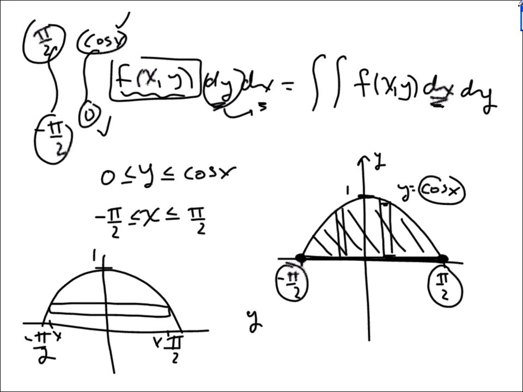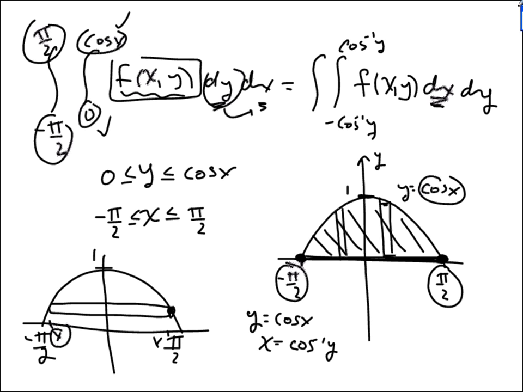Well, I know that y is cosine x. So x is the cosine inverse of y. So it goes from this x, which is negative cosine inverse of y, to this x value here, which is positive cosine inverse of y.